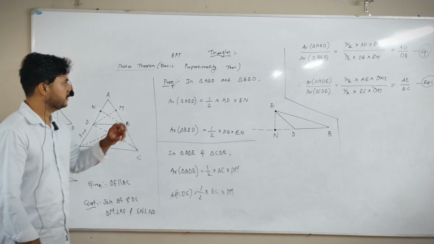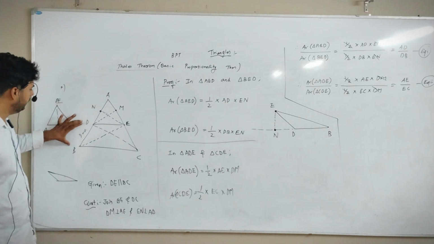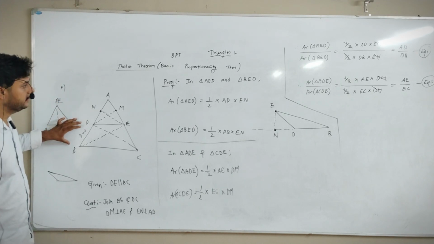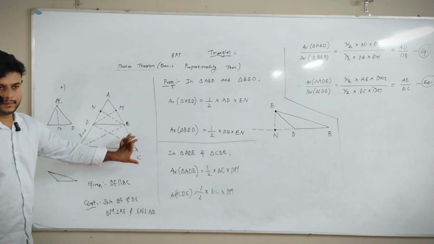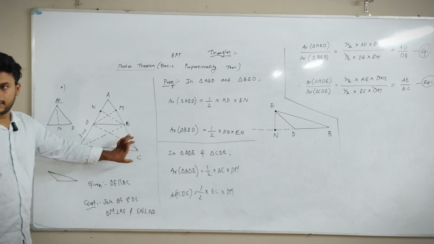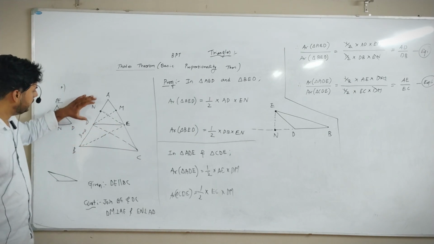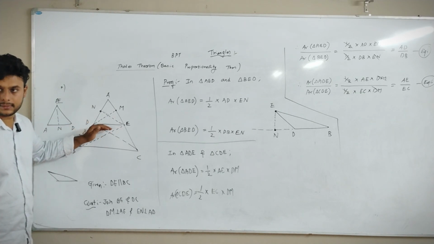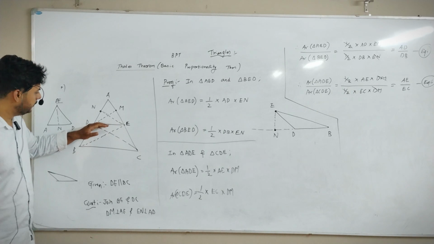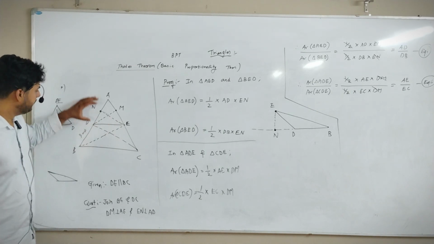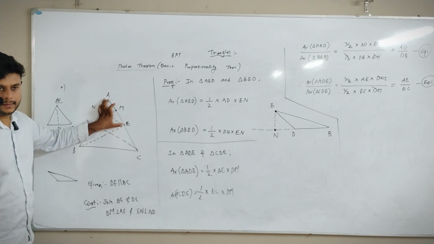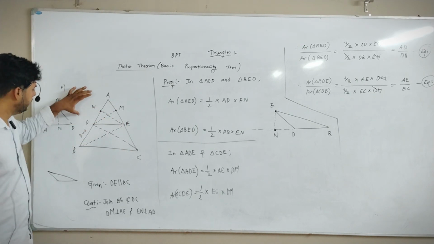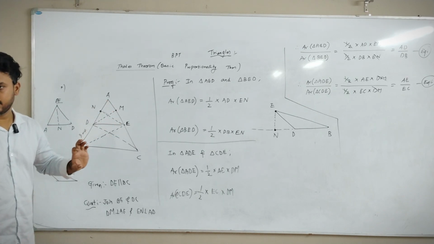Now see here, first equation AD by DB, and I got AE by EC. AD by DB will be equal to AE by EC. So I proved that when a line DE cuts this triangle parallel to BC, then AD by DB is equal to AE by EC.